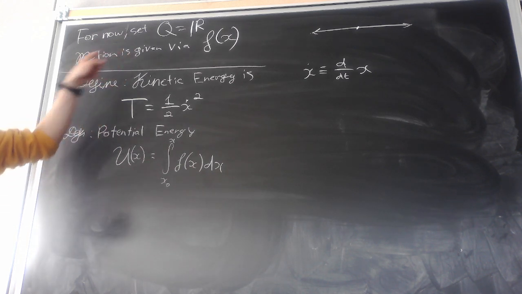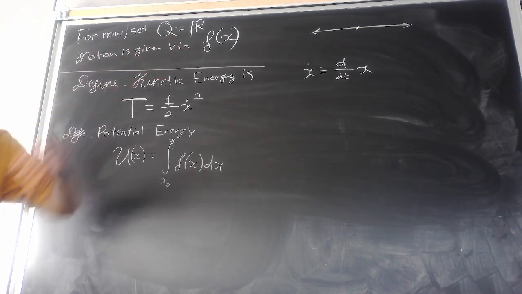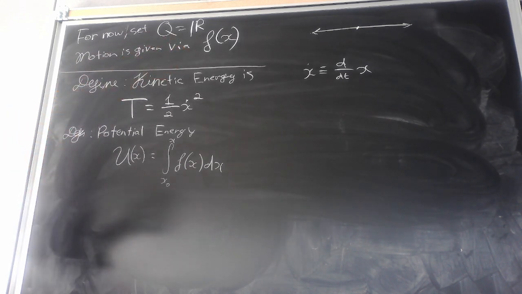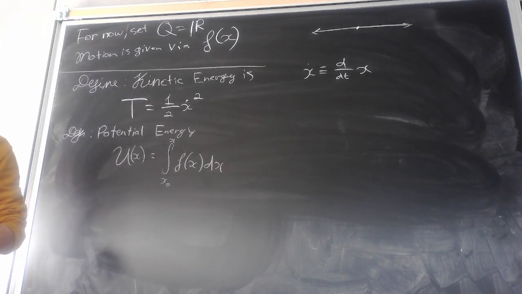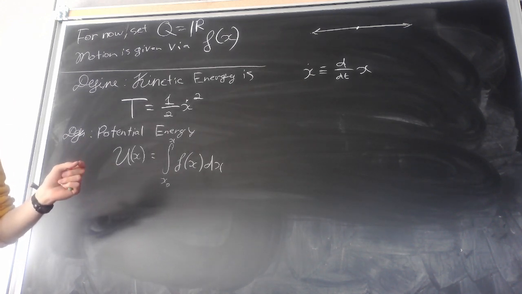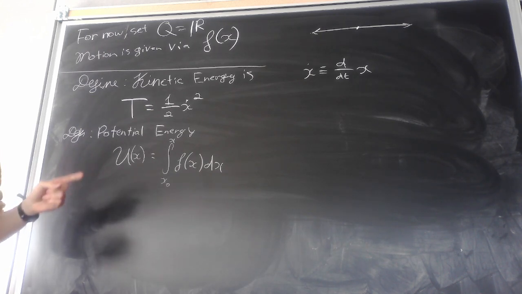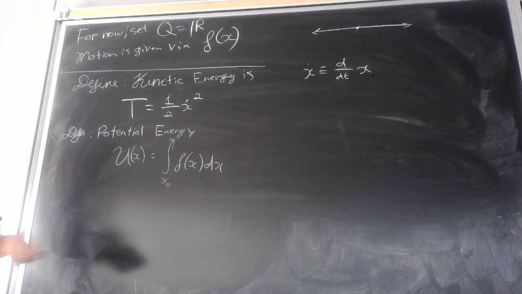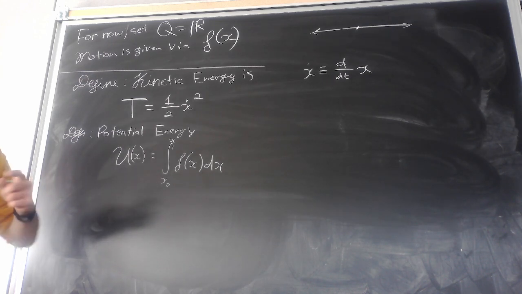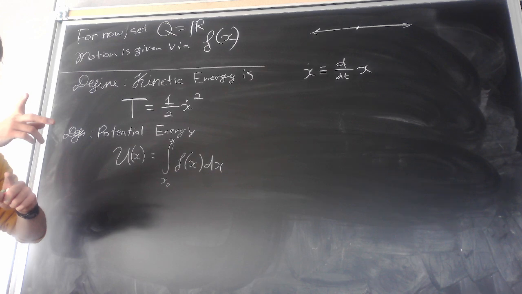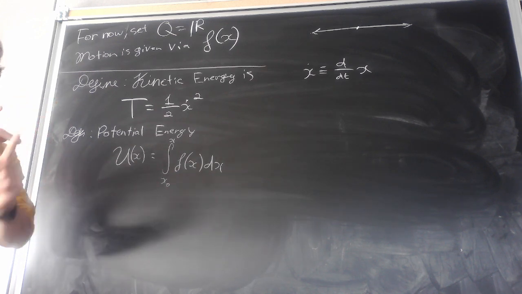I said that we're restricting our attention to where the force is just a function of x. Now, you may recall from your classical mechanics courses that you wanted to define work as multiplying the component of force that's in the direction of your motion, right?